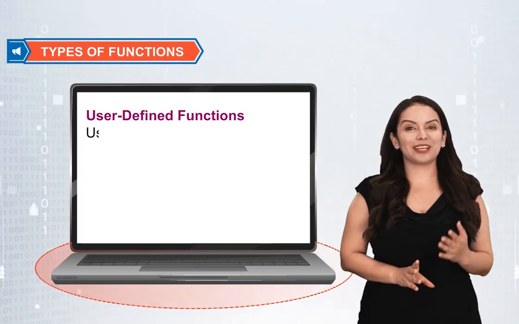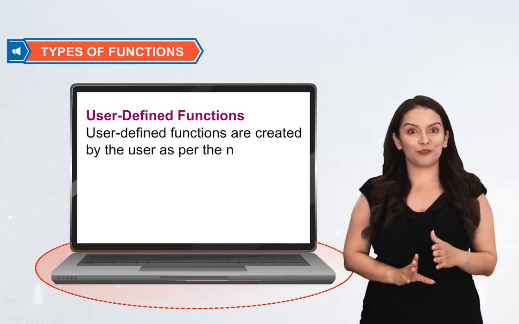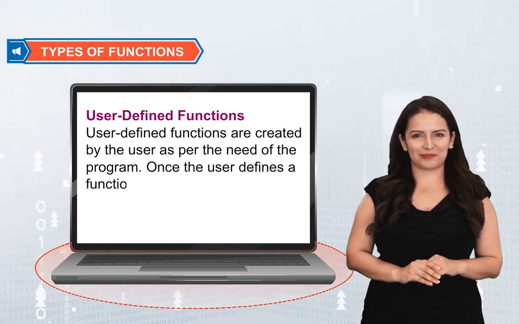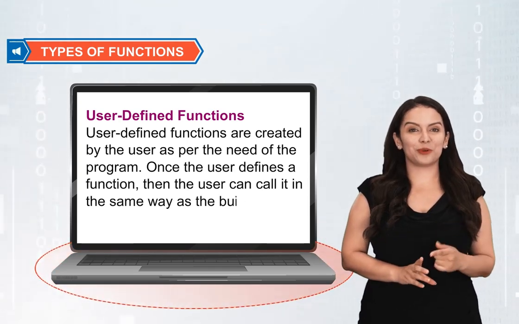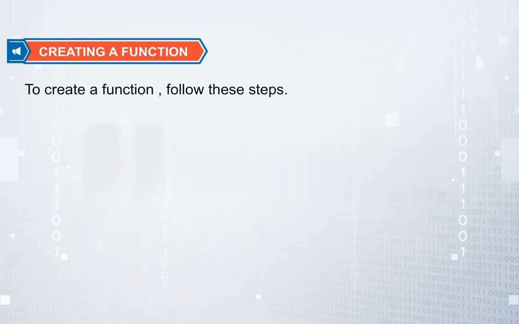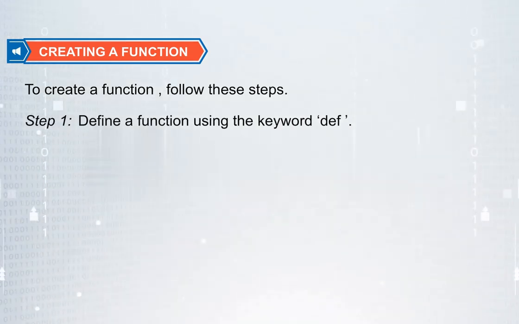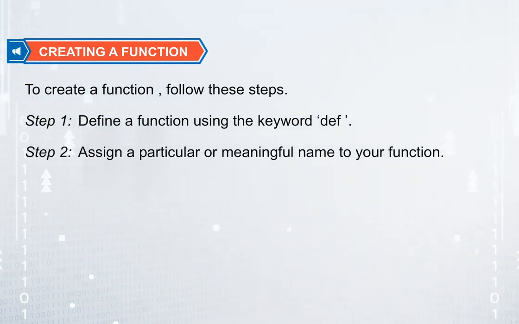User-defined functions. User-defined functions are created by the user as per the need of the program. Once the user defines a function, then the user can call it in the same way as the built-in functions. Creating a function. To create a function, follow these steps. Step 1. Define a function using the keyword def. Step 2. Assign a particular or meaningful name to your function.